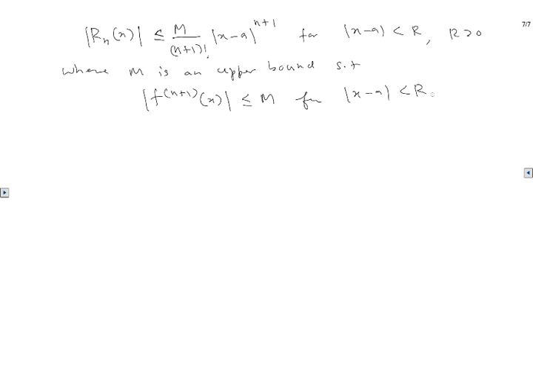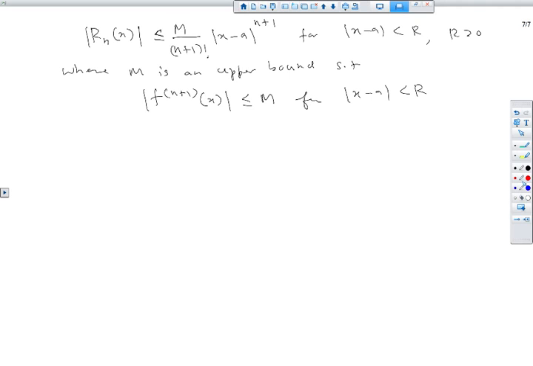So you can see that this error is bounded by this particular number. If the derivative is completely bounded, which doesn't happen for certain functions, then this error goes to 0. Error goes to 0 means it's going to converge.